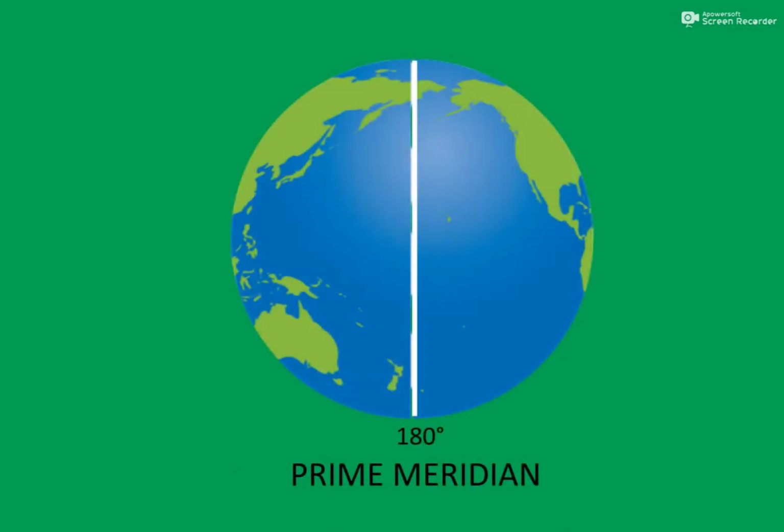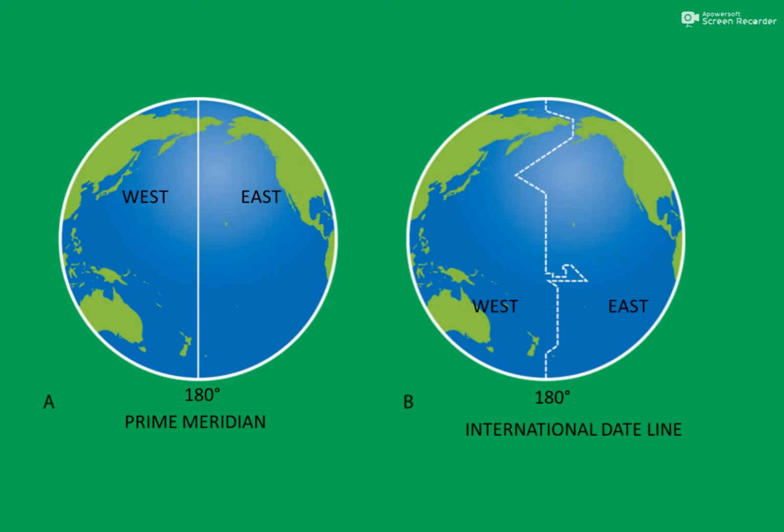So as you know, the prime meridian is marked at 0 degree longitude and separates the earth into two equal halves, that is east and west. In the same way, we have the international date line, which is marked at 180 degree longitude.